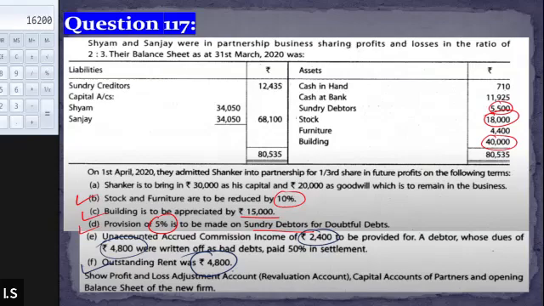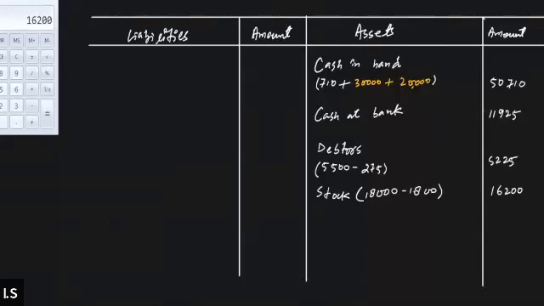So this is how we will calculate the cash: 710 plus 30,000 plus 20,000, and accrued commission will be taken over here. Accrued commission, it was 2,400, right? Yes, 2,400.